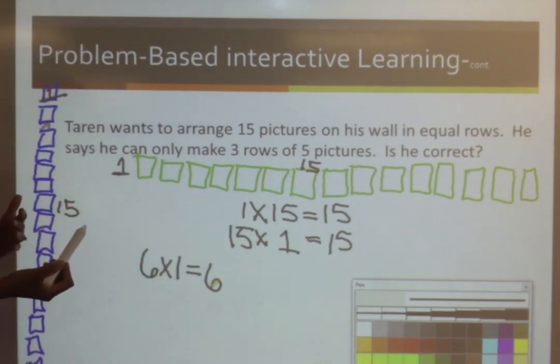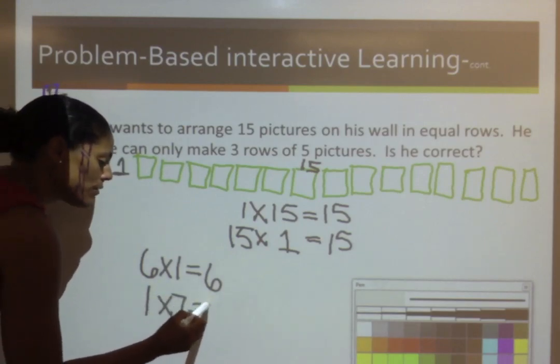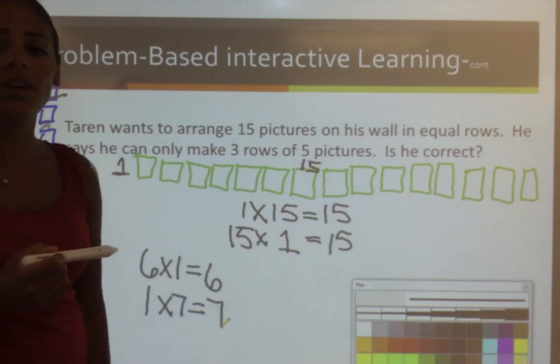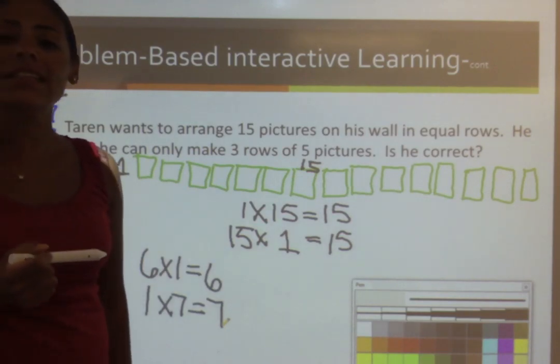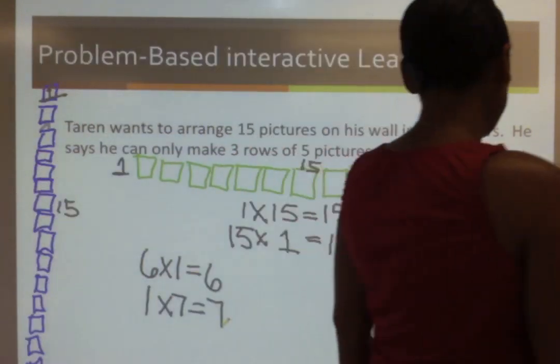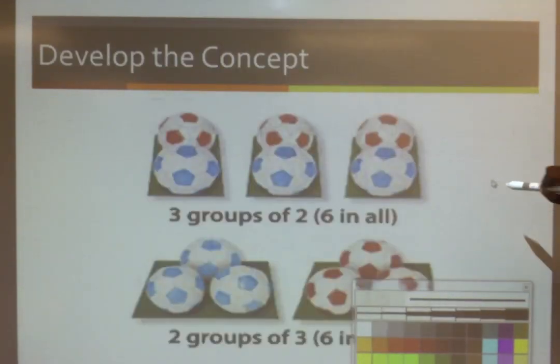What if I multiplied 1 times 7? 1 times 7 would give me 7. These three are examples of the identity property. Anything times 1 is that same number. So let's look at another example.